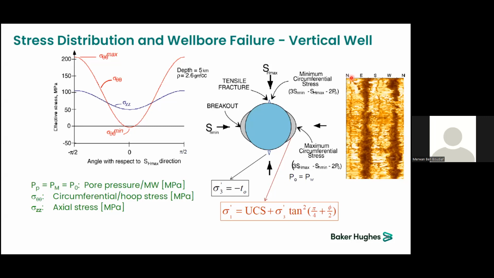The appearance of those features will seriously help us for the next two parameters of the geomechanical model, which are the orientation of stresses and the magnitude of the maximum horizontal stress.